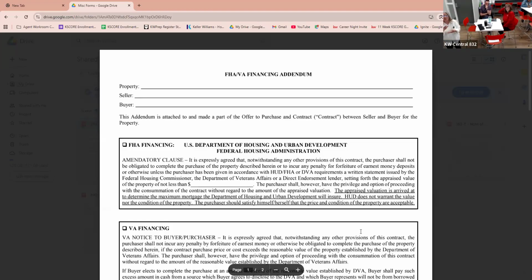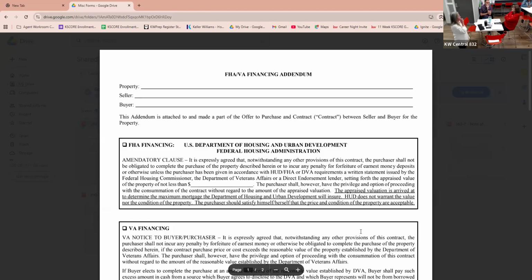Identify the property, identify the seller, identify the buyer. Sometimes these get returned because the buyer agent didn't put the buyer's name on it before they sent it over. So just be aware, looking for those. Again, if it's an FHA loan, then you would put the purchase price in the dollar blank.